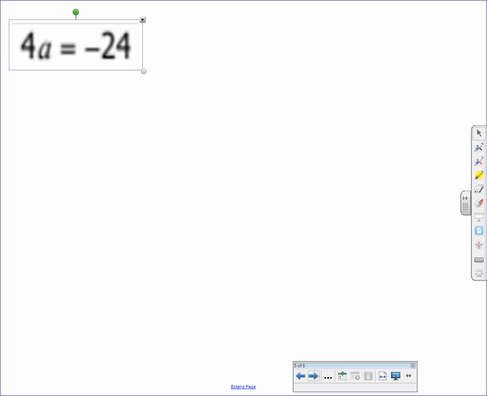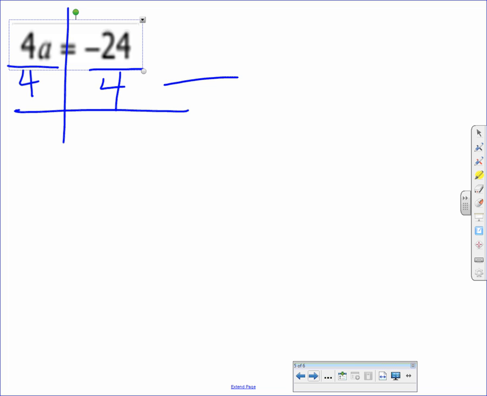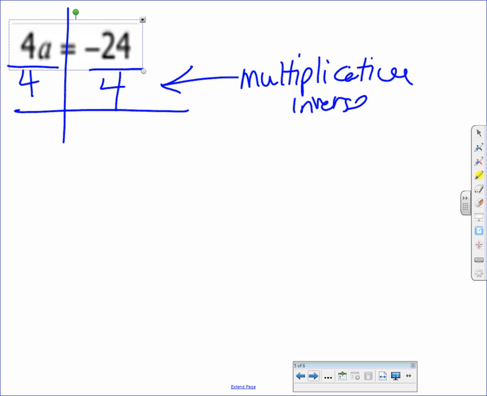Alright, let's go into multiplication and division. The opposite of multiplying, remember when you have a number and a letter together, it means to multiply. So the opposite of multiplying by 4 would be dividing by 4. Please use your division bar, your fraction bar, not your division sign. Okay, and this is going to be the multiplicative inverse because we are doing the opposite operation.